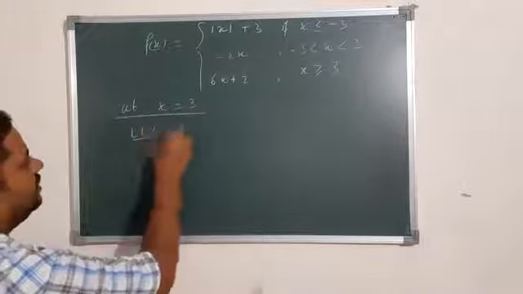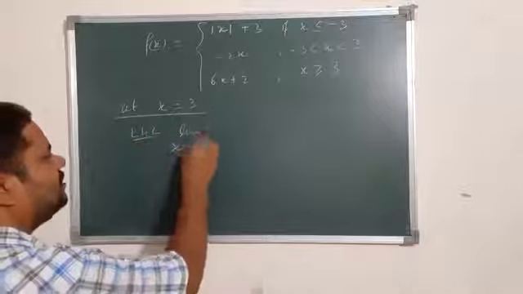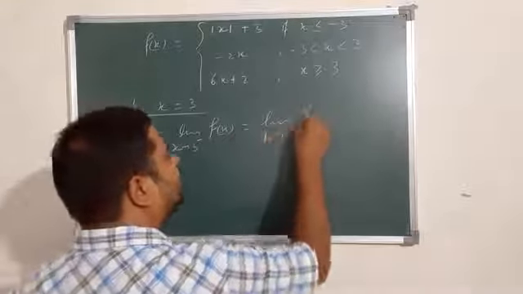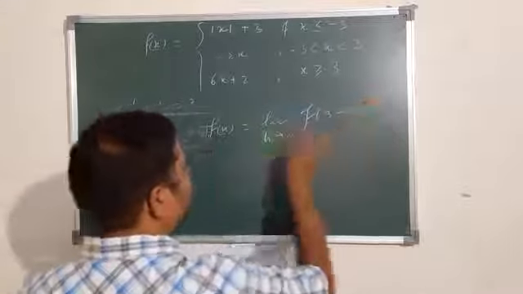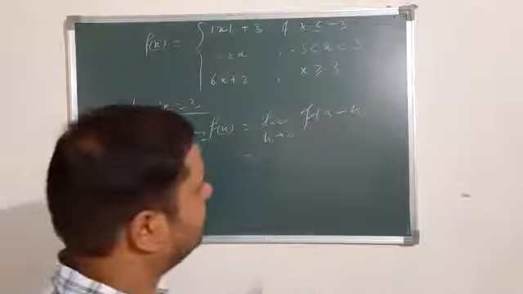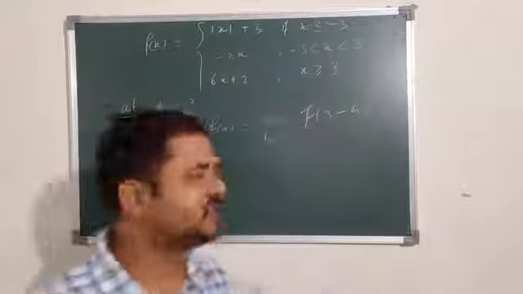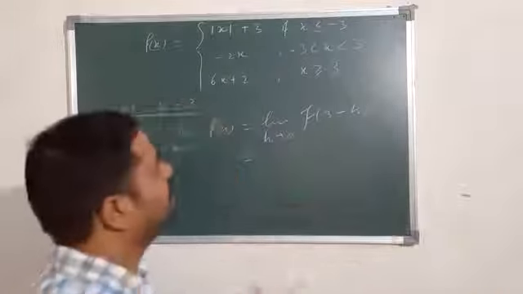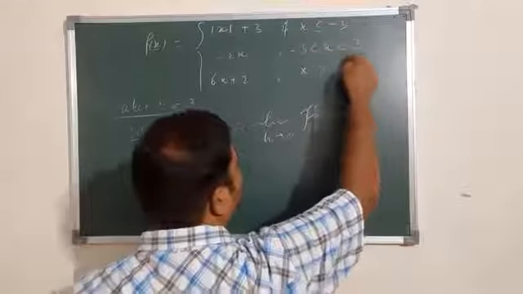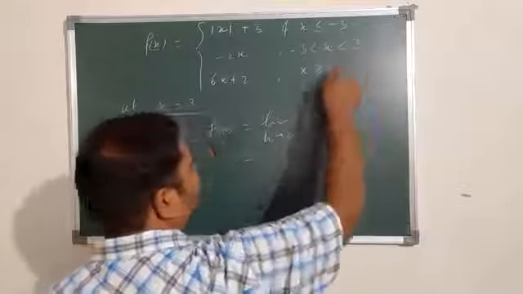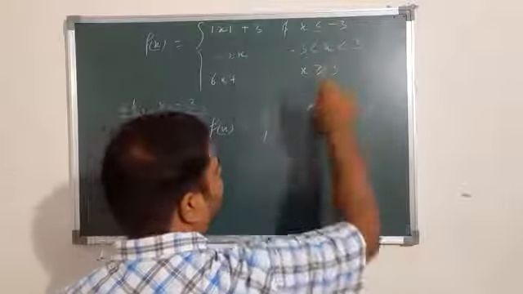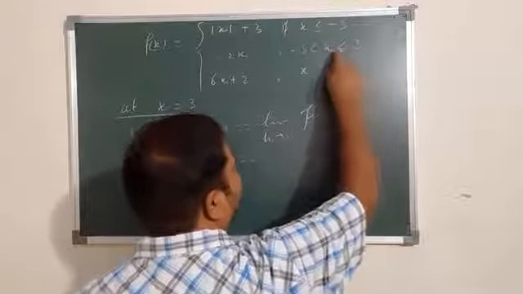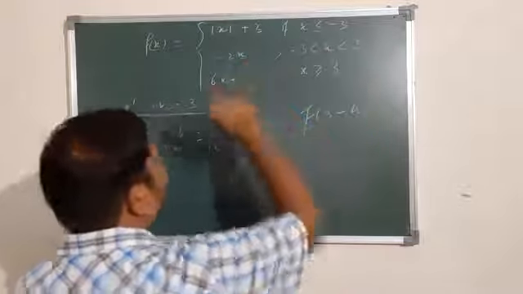So LHL is the limit as x tends to 3 minus of f(x). This is the limit as h tends to 0 of f(3 - h). As h is greater than 0, the quantity 3 - h is less than 3. The function where x is less than 3 is defined as -2x.